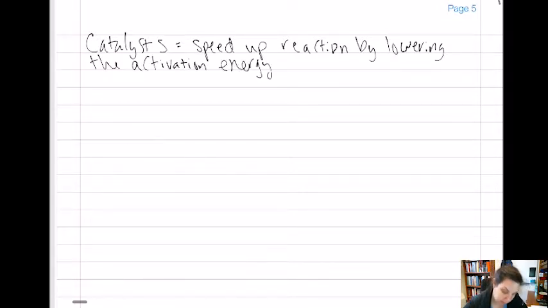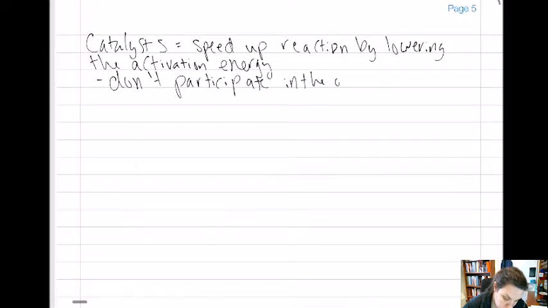Okay, so they do not participate in the overall reaction. So they're not part of the overall reaction when we add them up together. So they don't get consumed.